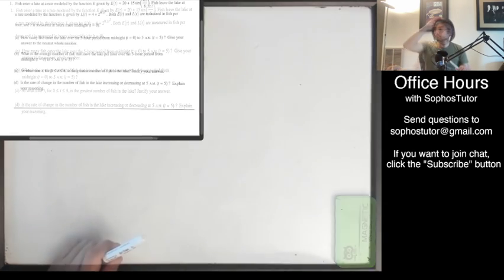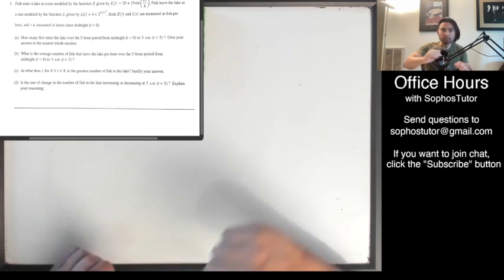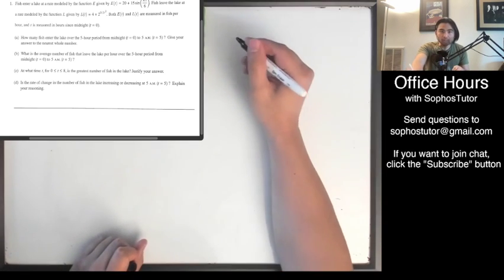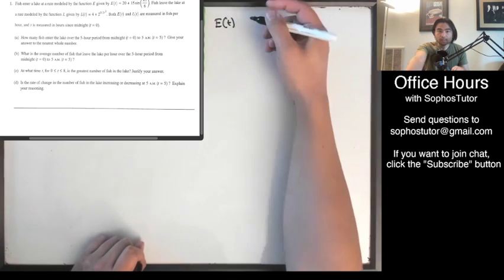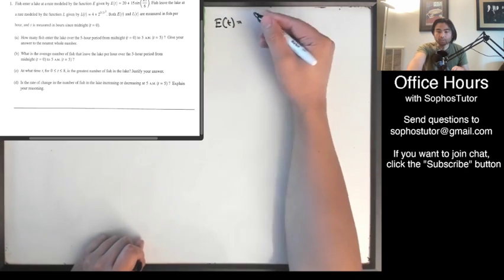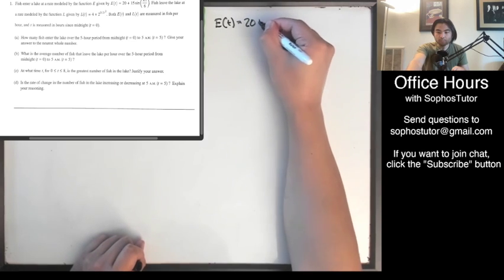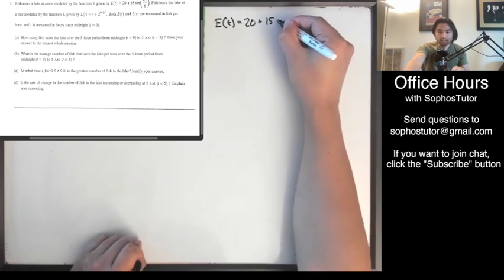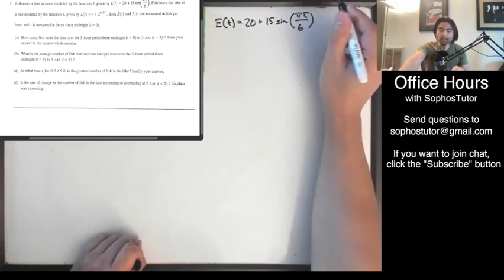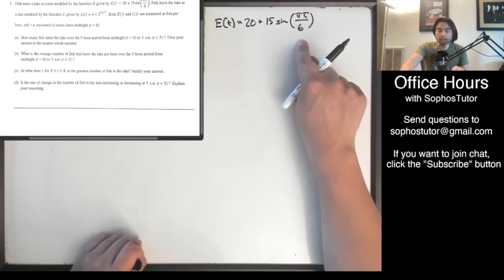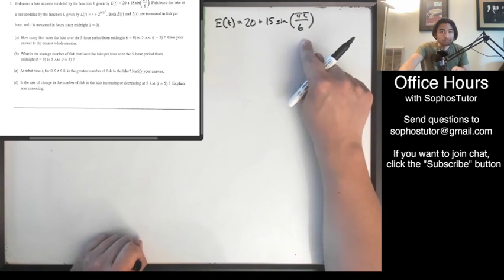All right? So the question starts, fish enter a lake at a rate modeled by the function E. And we have this function E equals 20 plus 15 sine of pi t over 6. It should be noted that this should be in radians.